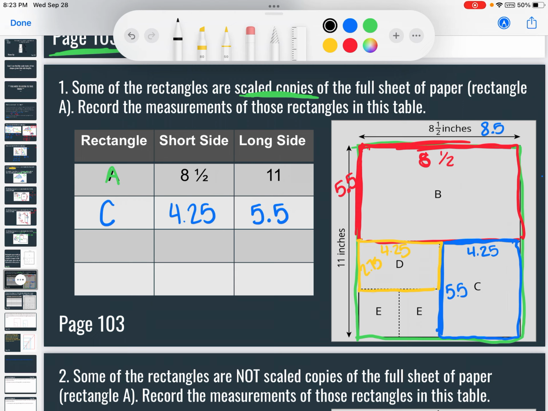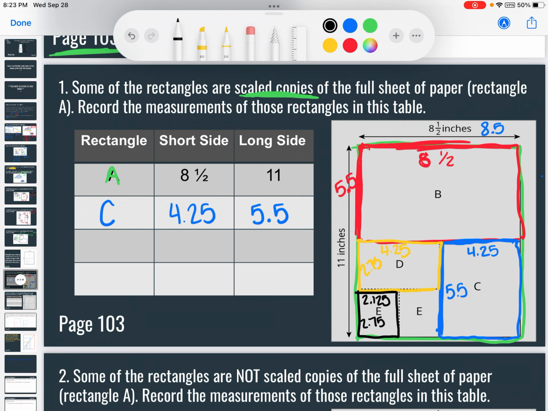All right, the last one looks like I have 2 E's. E looks like on the short side it's a fourth of the original, so it's 2.125. It looks like it's also a fourth of my long side, which is 2.75.